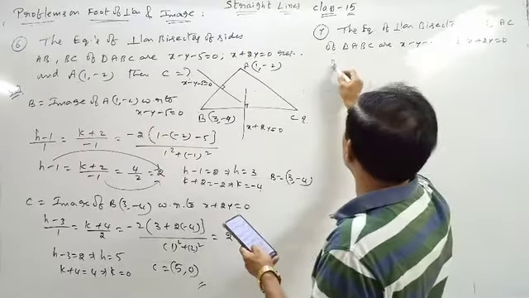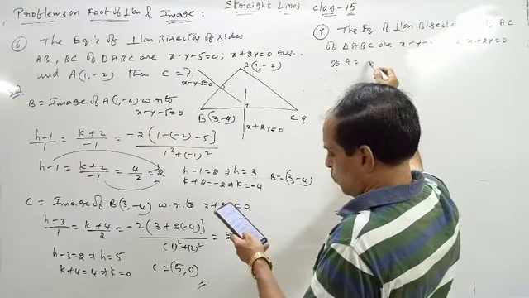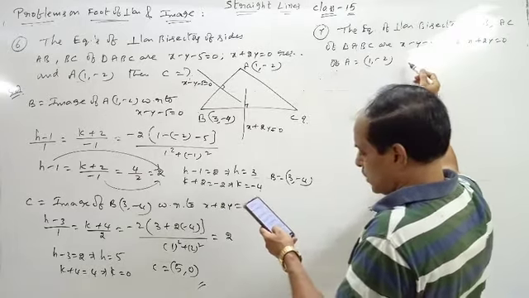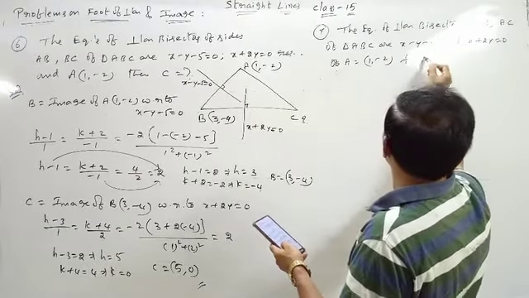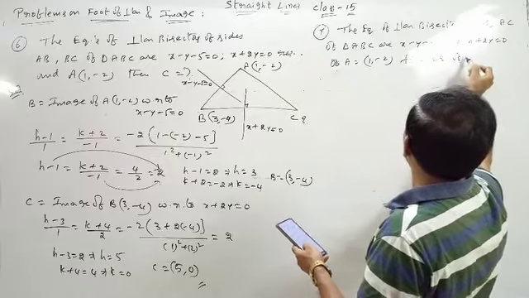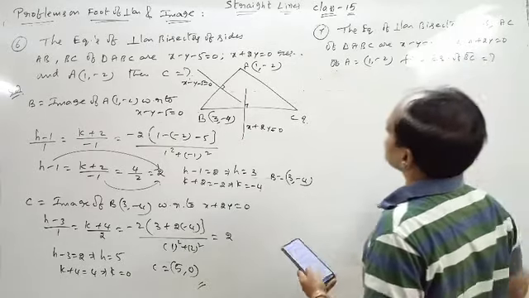If A is equal to 1 comma minus 2, then find the equation of BC bar. That's the question.